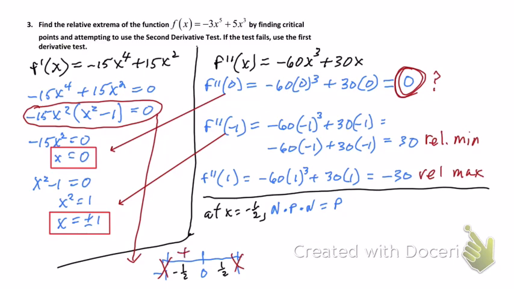Then I'm going to do the same thing with +1/2. Well, if you think about it, nothing really changed there. At +1/2, I've still got a -15 times now +1/4 again. And then on the inside of the parentheses, I've got +1/4 minus 1. So I'm getting the same thing I did before, which tells me this.